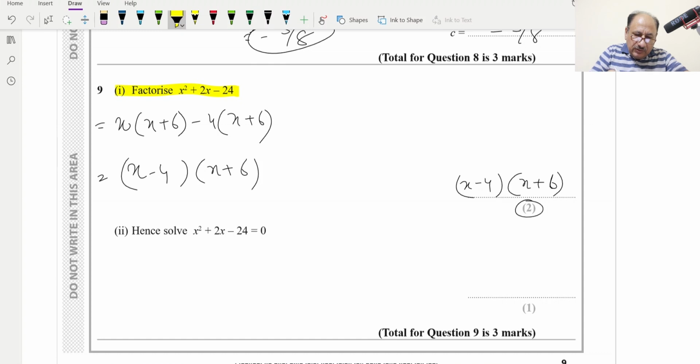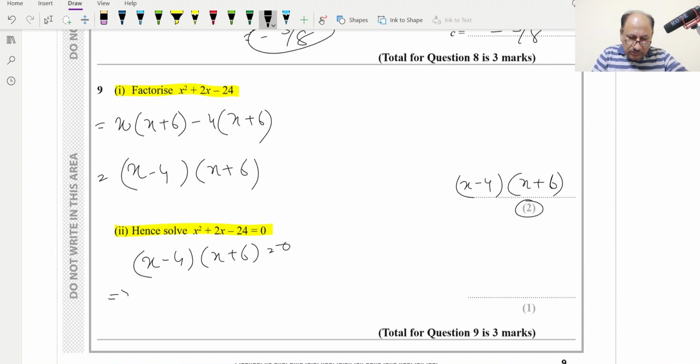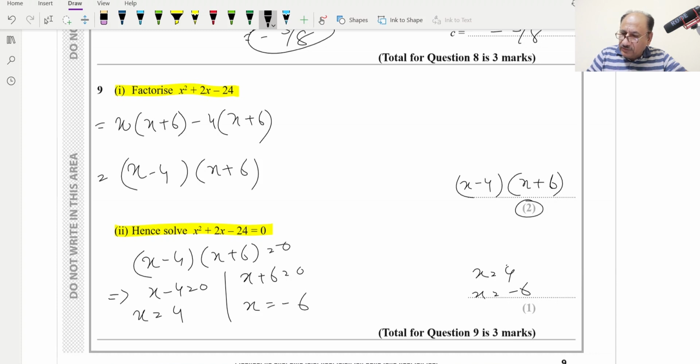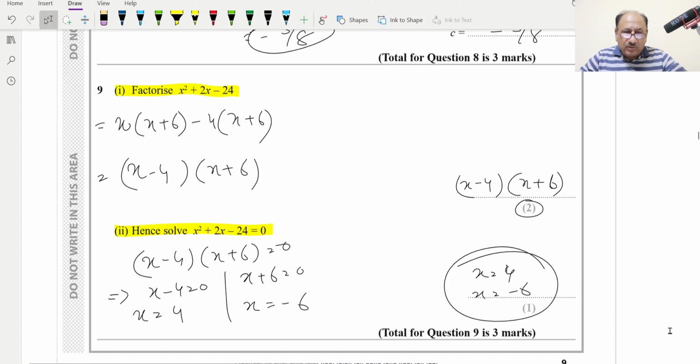Then they are saying hence solve this one, so we can write x minus 4 into x plus 6 is equal to 0. So this implies x minus 4 is equal to 0 or x plus 6 is equal to 0. One of them should be equal to 0. So x is equal to 4 and x is equal to minus 6. These will be the two answers, a 1-mark question basically.